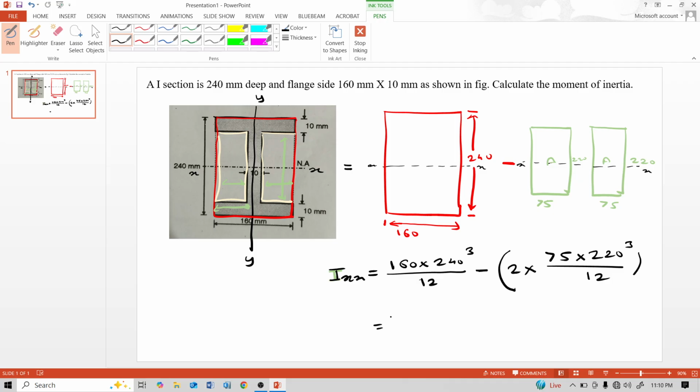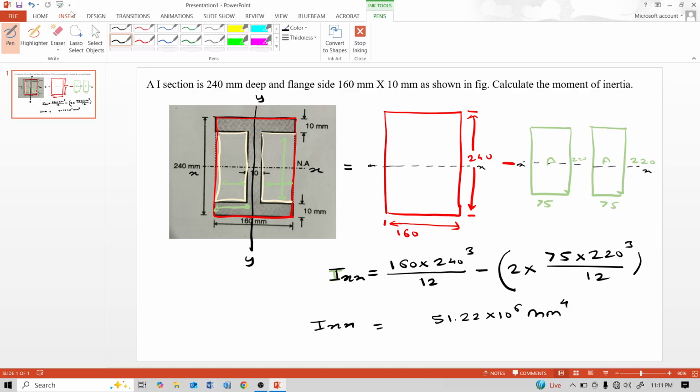Therefore, 160 into 240 cube divided by 12 minus 2 into 75 into 220 cube divided by 12 is 51.22 into 10 raised to 6 mm raised to 4. So this is the moment of inertia about the X axis for this I section.